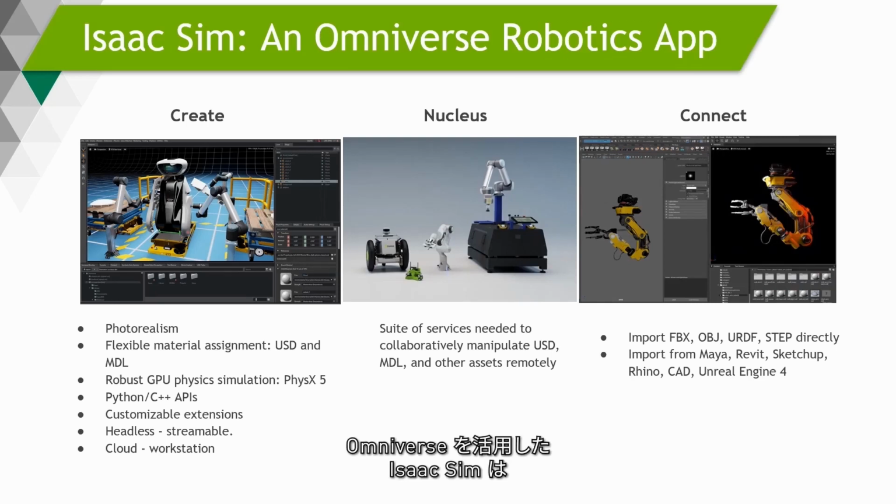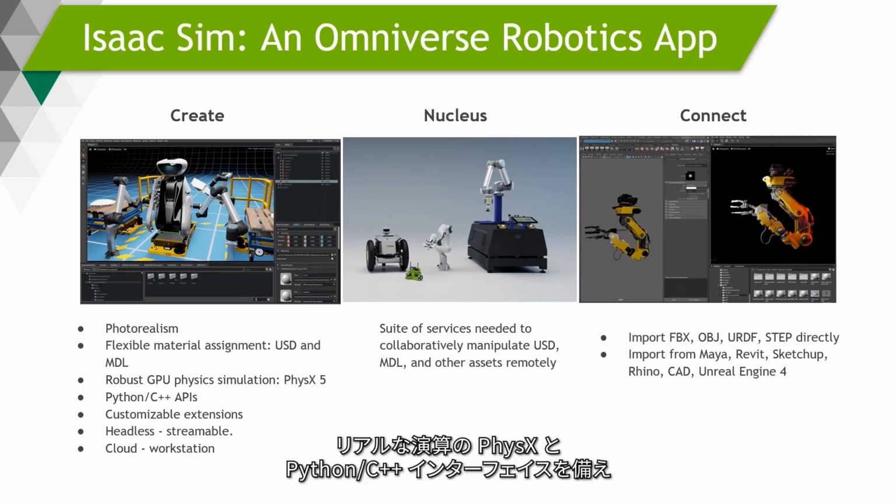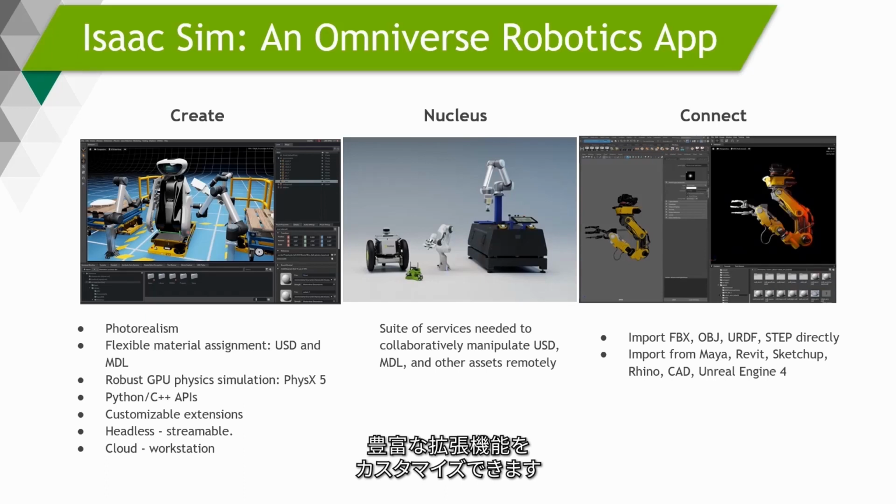What Isaac Sim is leveraging from Omniverse is its fast and photorealistic rendering capabilities, its flexible and versatile material assignment, the realistic physics, the Python and C++ interfaces, which allow us to build customized extensions, and the ability to run headless either locally or on the cloud, which is what makes it possible to scale up simulations.